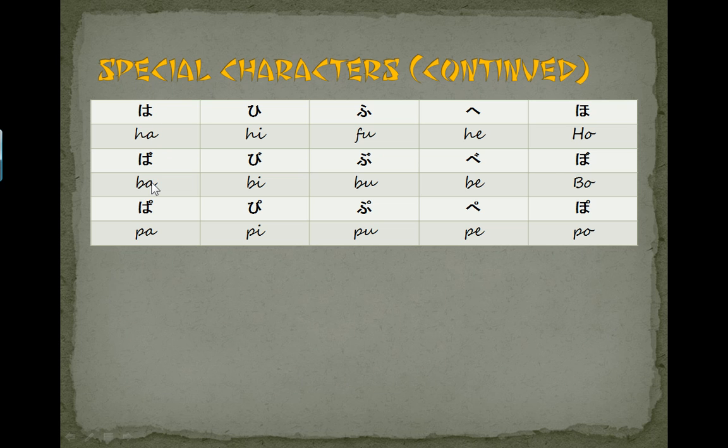So this one is ba and this one is pa. Same thing here, hi, bi, pi. It's the same thing with all those characters, only those characters however. These hiraganas have two different special characters linked to them, which provide two different pronunciations. So keep this in mind, folks.